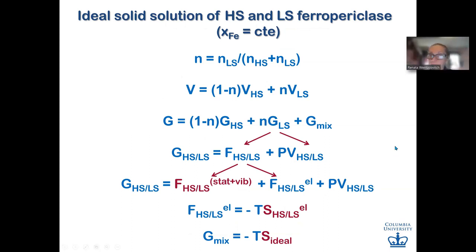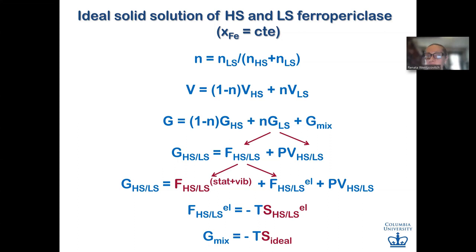So the thermodynamics, this is physics. Given the fact that I have high spin iron and low spin iron separate in different irons, I can do the thermodynamics of this system, assuming that I have two end members, high spin ferropericlase and low spin ferropericlase.